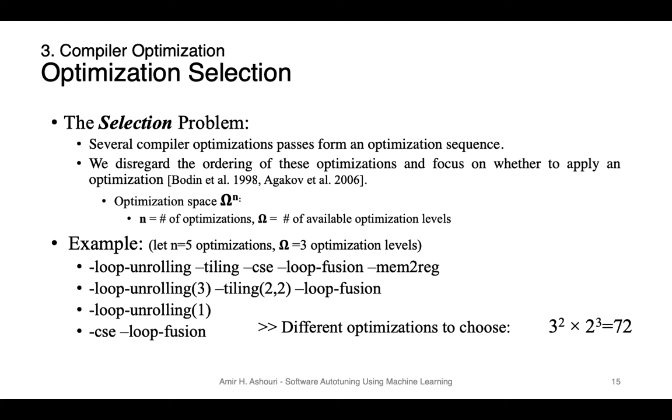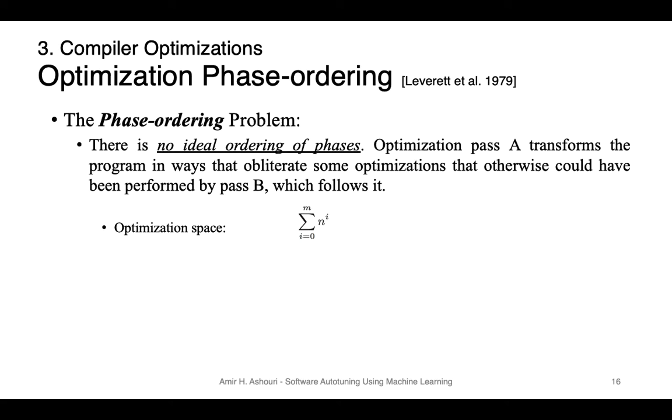So now let's go to the harder problem, the phase ordering problem. As you see, it was first noticed in the literature in the late 70s, and it still is an open issue, because in reality there is no ideal ordering of phases, because you can expand your optimization vector to infinity. So there is no bound for your space, and there is no deterministic solution for that.